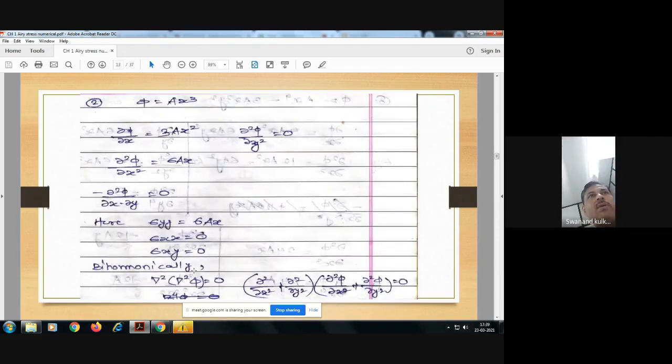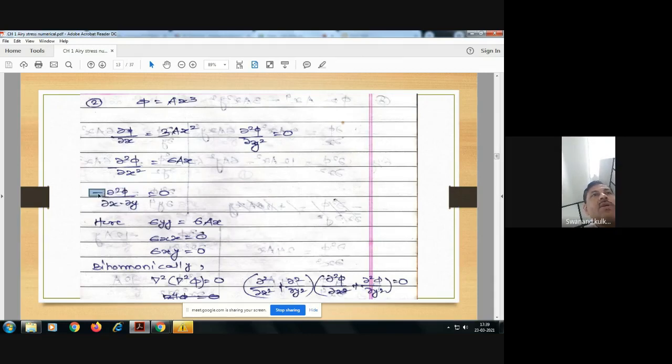Is it okay? Here also, while calculating sigma yy we used dou 2 phi by dou x2, then for sigma xx dou 2 phi by dou y2. But for shear stress calculation, we have used minus dou 2 phi by dou x dou y.